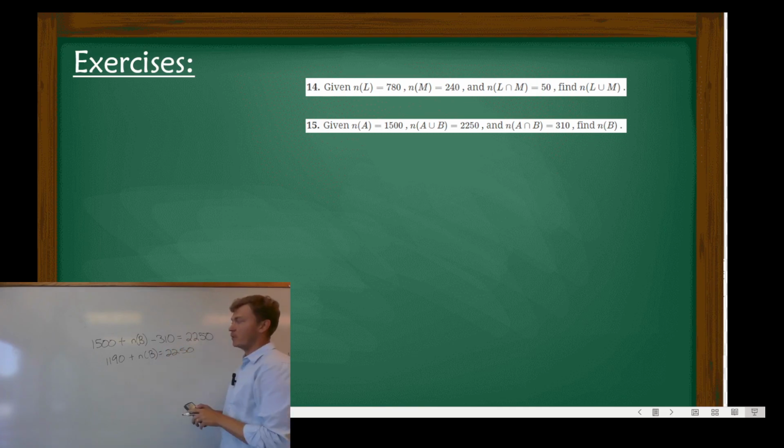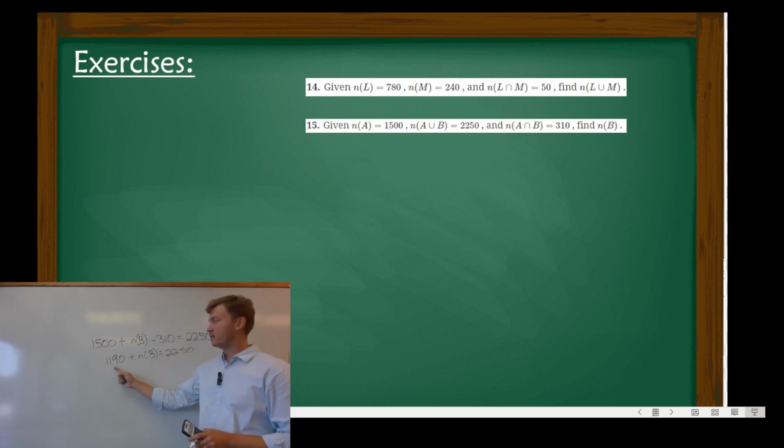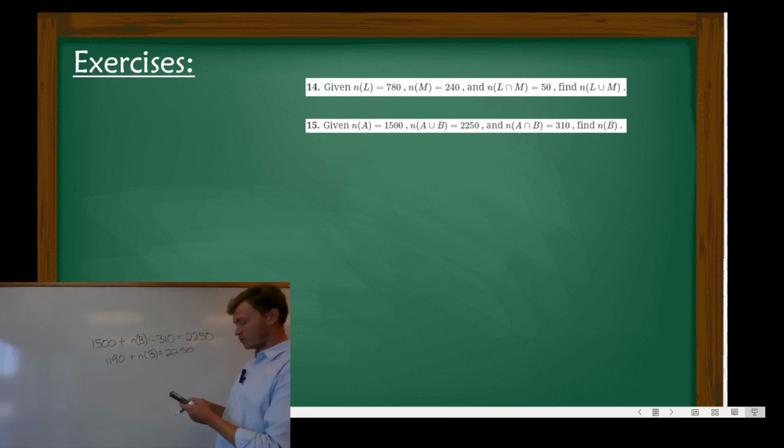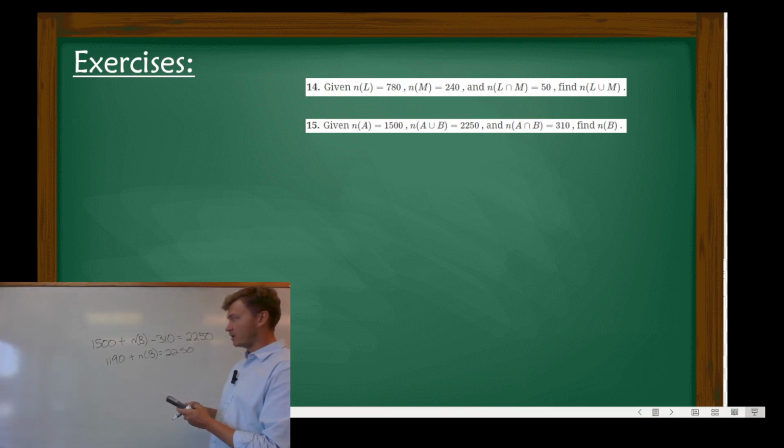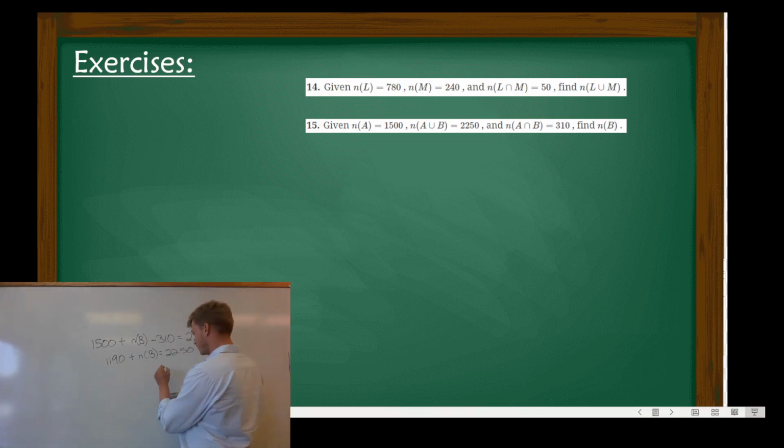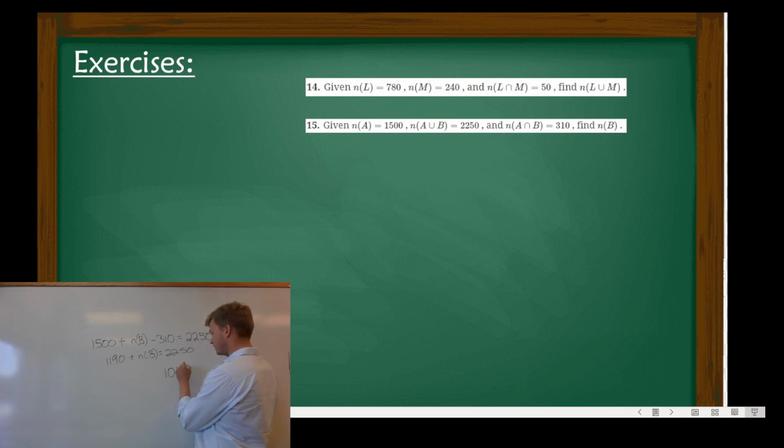All right, what number do we add to 1190 in order to get 2,250? We want to find that difference in between, that distance. So 2,250 minus 1,190 is 1,060. So that is our number of elements for set B.